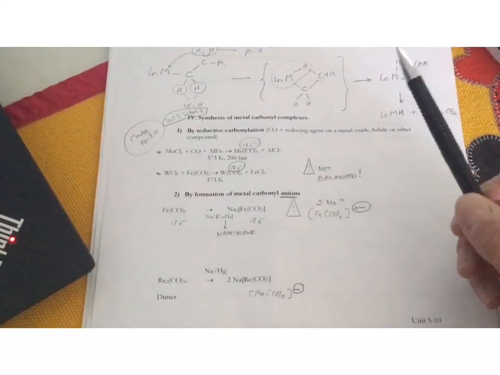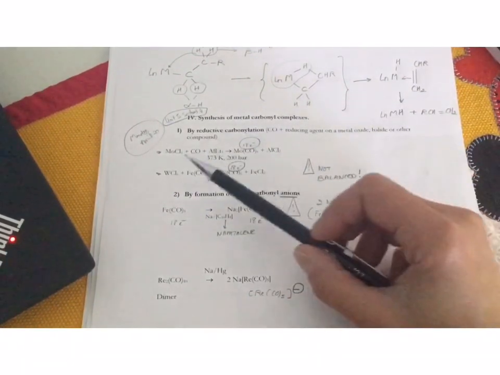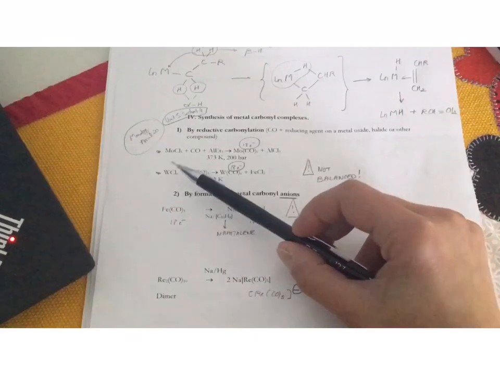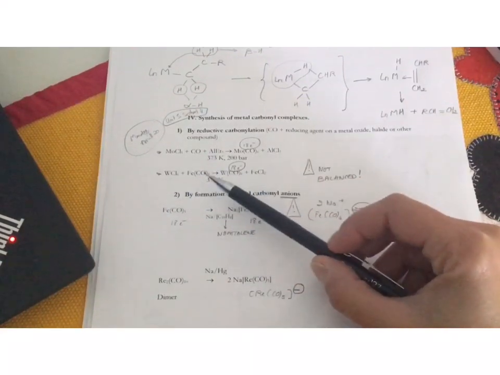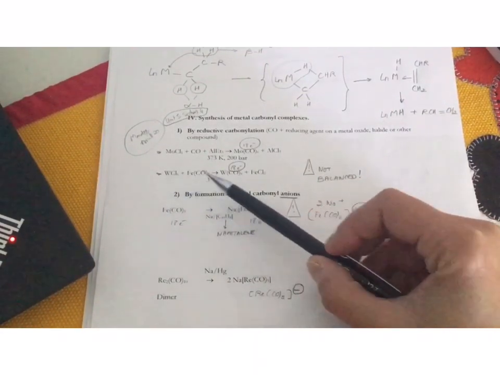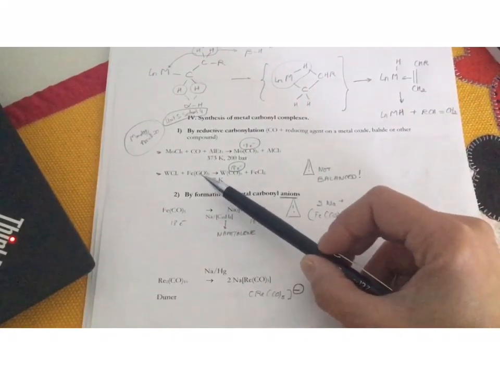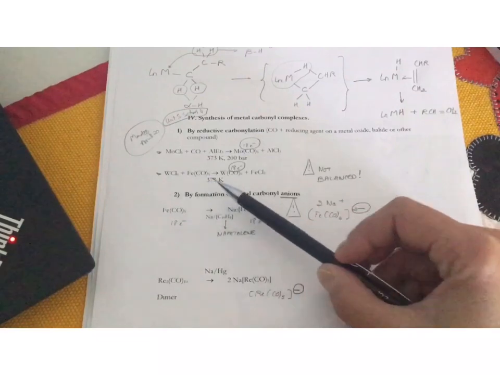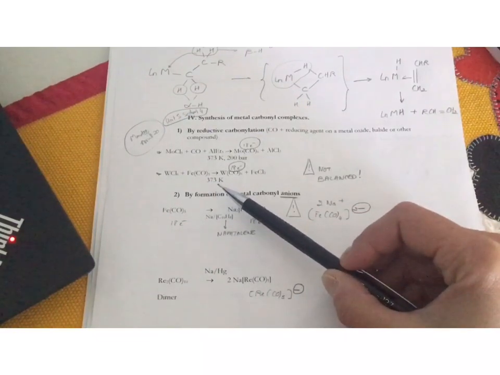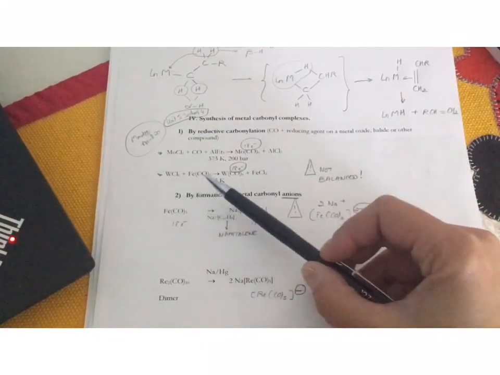So we can do that. That means we need a source of tungsten, which is this complex here, and we can mix our tungsten complex with an already existing carbonyl-based complex. We mix the two together at high temperature, and the switch will happen.